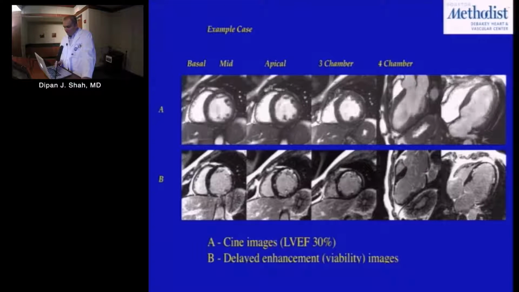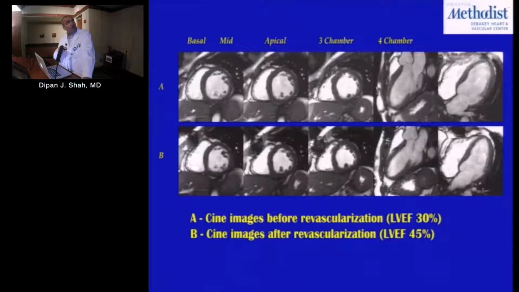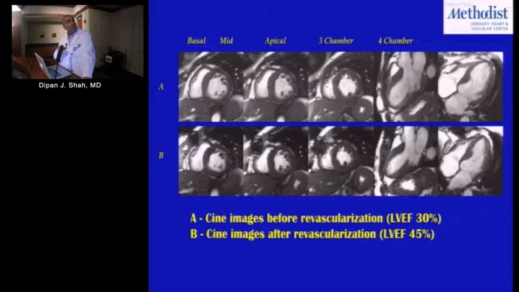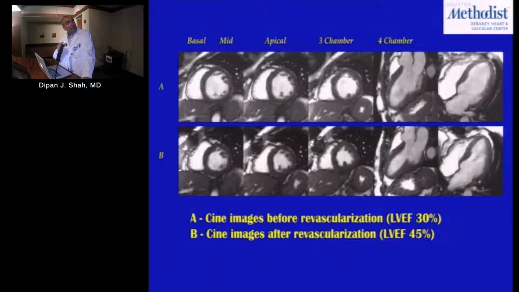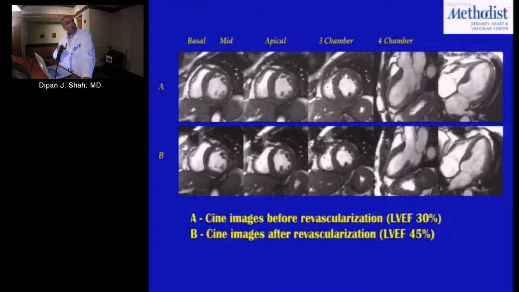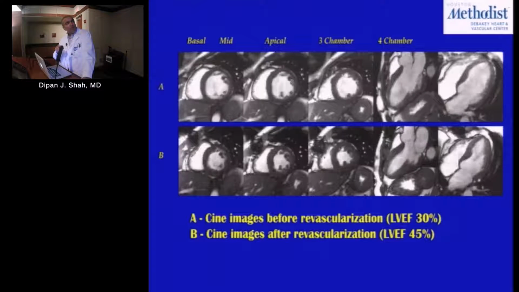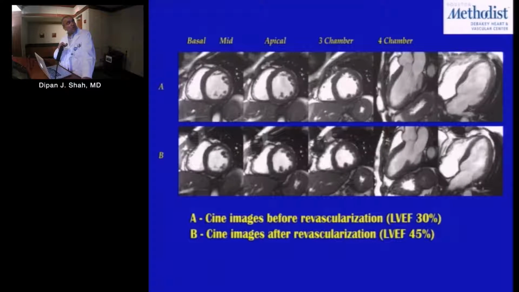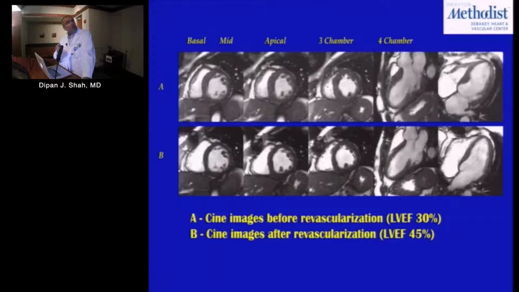And in this person, you'll notice after revascularization, especially if you look at the lateral wall, which again, we said had no evidence of hyperenhancement or irreversible myocardial injury, the lateral wall actually shows improvement in contractile function from baseline to follow-up. You can see, I think, very nicely on this 4-chamber view how the lateral wall improves significantly, whereas the inferior wall and the apical region really don't show any improvement.